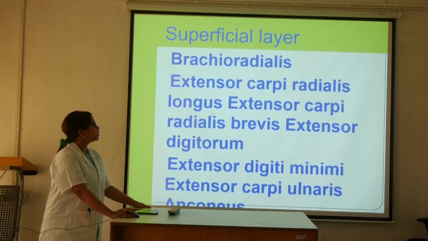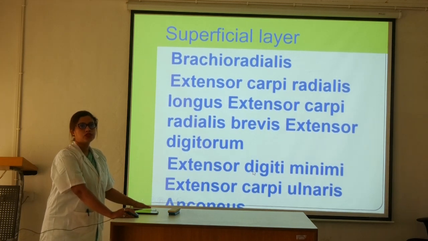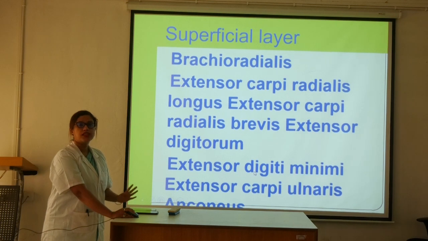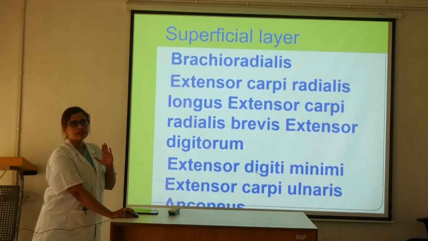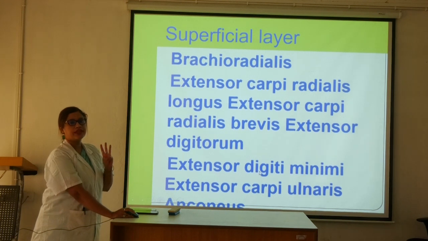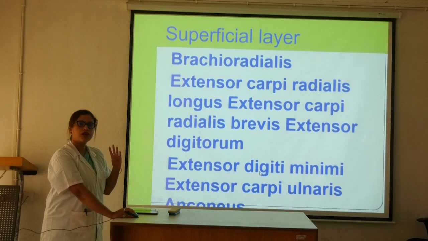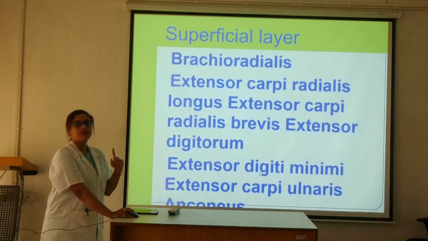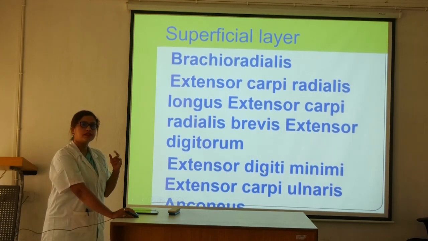So in the medial group, what muscles are you getting? Number 1 is extensor digitorum. Digitorum means it is going to all the digits. Except, is it going to all digits? No, only 3, right? Because digiti minimi has its own muscle, and an additional muscle is extensor indicis.